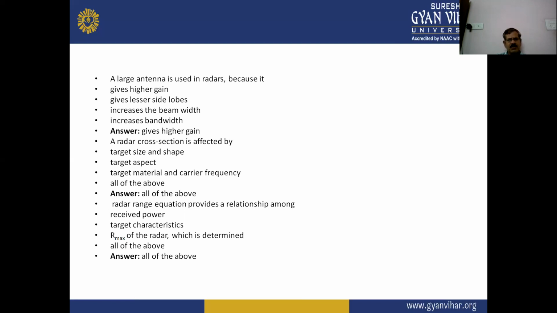So the radar range equation provides a relationship among receiver power, this is correct. Target characteristics, this is also correct. And maximum range R max of the radar, which is determined, this is also correct. So all options are correct.